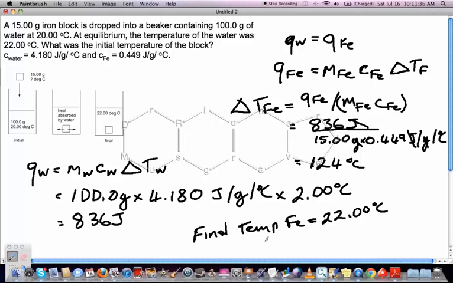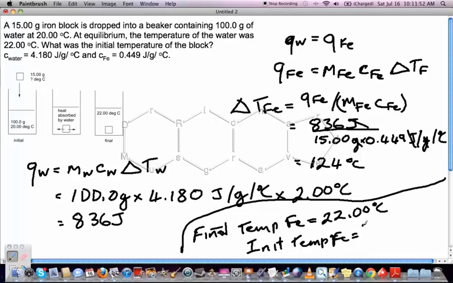So the initial temperature of the iron is 22.00 degrees Celsius plus 124 degrees, which is going to come out to be 146 degrees Celsius.